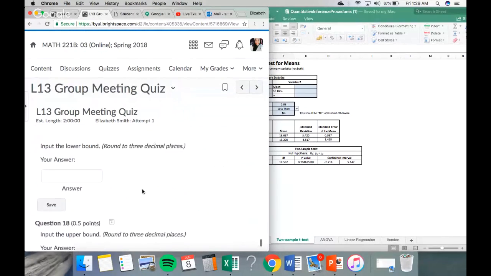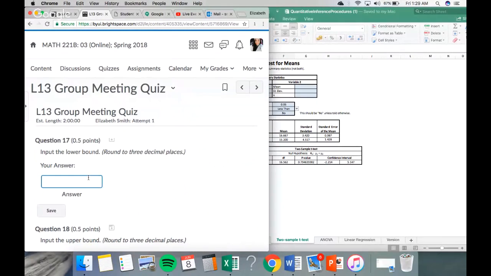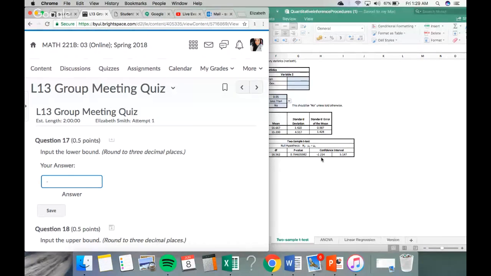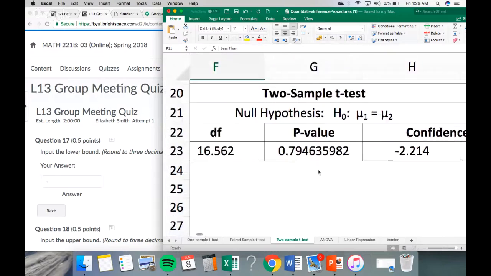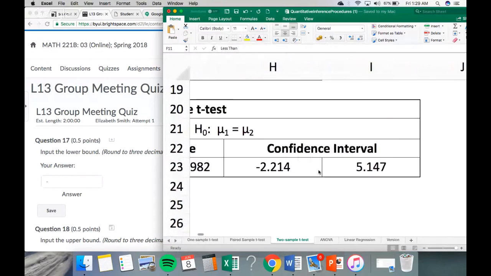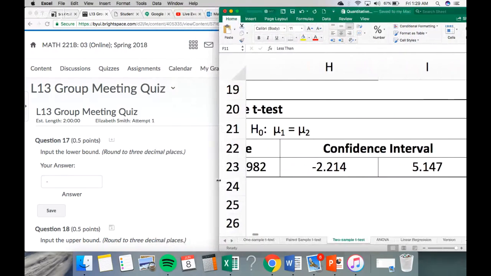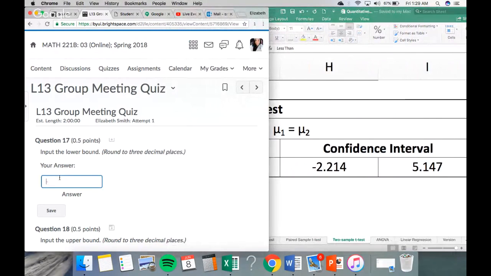Okay. The lower bound is negative 2.214? Yeah, 2.2.